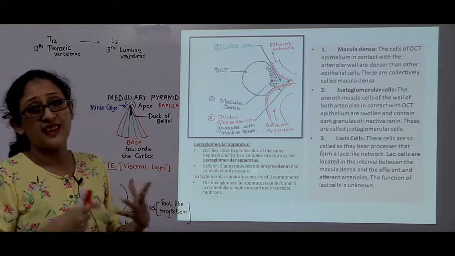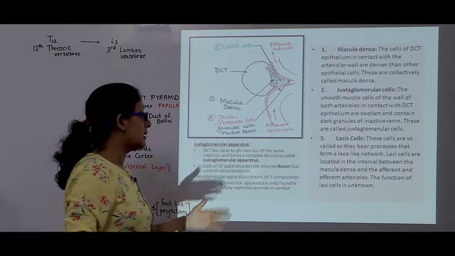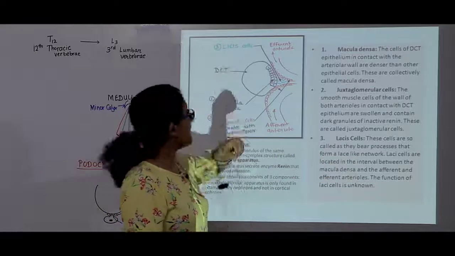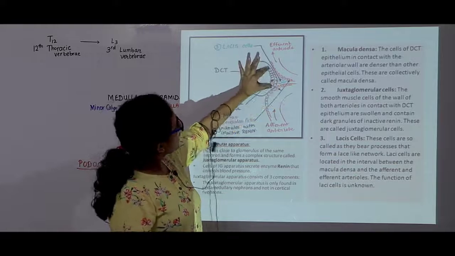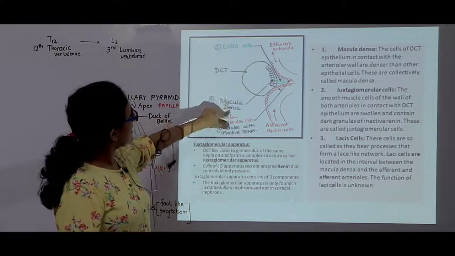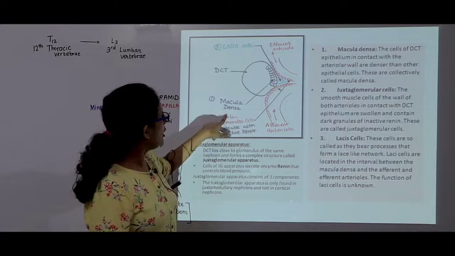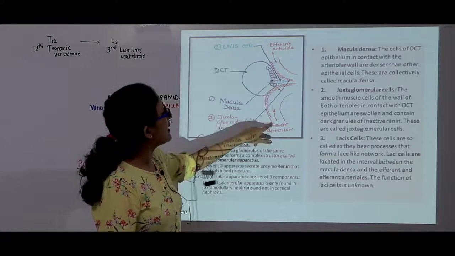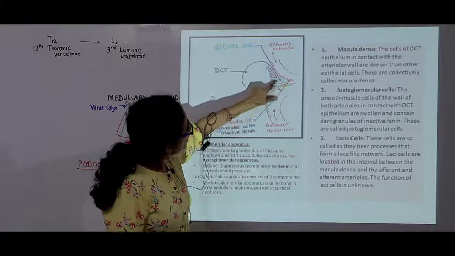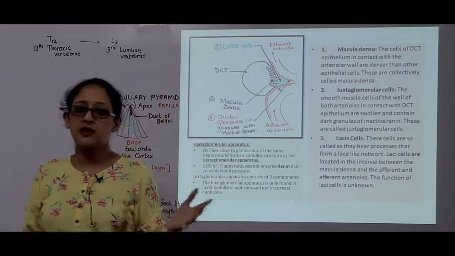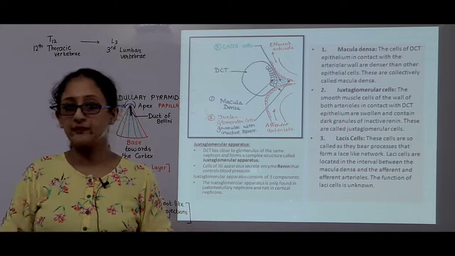These fine cells are called the Lacis cells because they have a lace-like network and they fill in the gap between the macula densa of the DCT and the red juxtaglomerular cells of the afferent and efferent arterioles. So green fills up the gap between them. The function is unknown, they are just supporting cells.